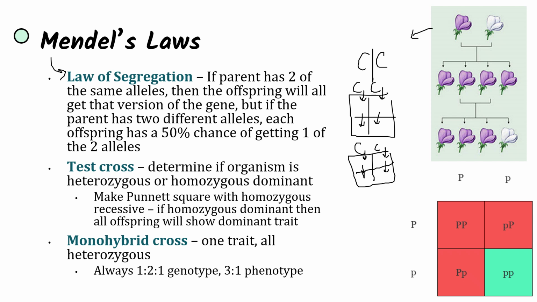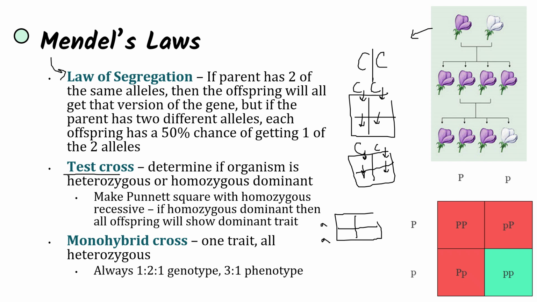And now, if you're not sure whether an organism is heterozygous or homozygous dominant, because of course both would phenotypically appear the same, but genotypically they'd be different, then you can use what's called a test cross. And a test cross just means that you're always going to cross that unknown organism with a homozygous recessive organism. So let's say in this case we'll call the gene A, so we'll cross it with two lowercase a, homozygous recessive.